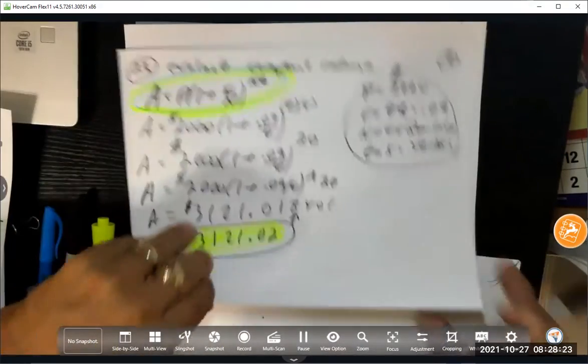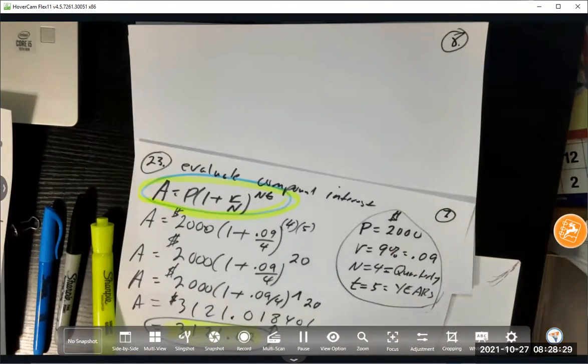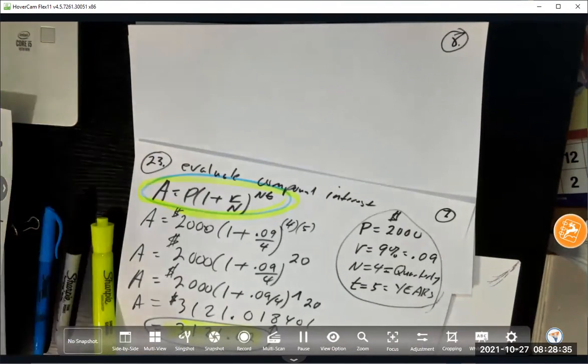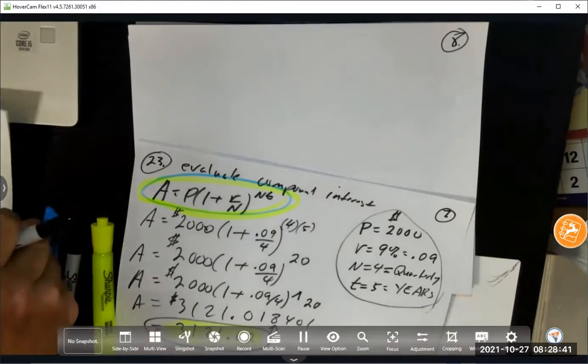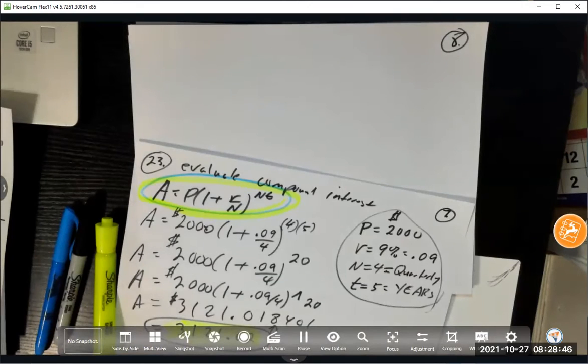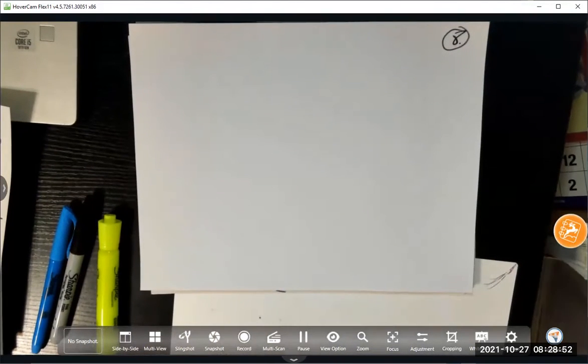All right, let's do number 8. Case number 8. All right, here we go. All right, so what I'm gonna do is go back to Mondayland.